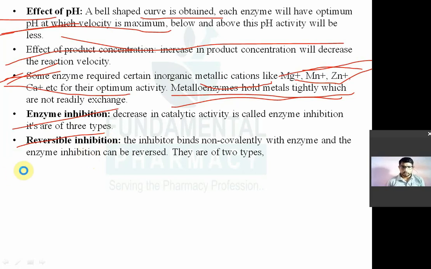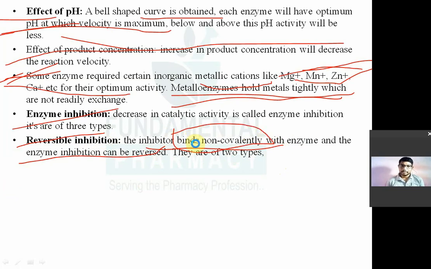So reversible inhibition means what? The inhibitor binds non-covalently with the enzyme and inhibits the enzyme. As there is non-covalent binding of the inhibitor with the enzyme, it can be reversed.